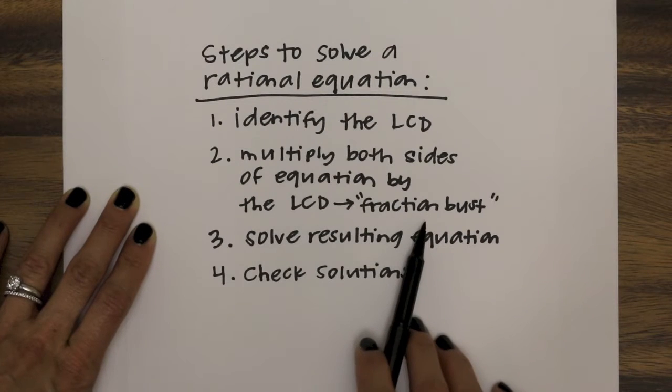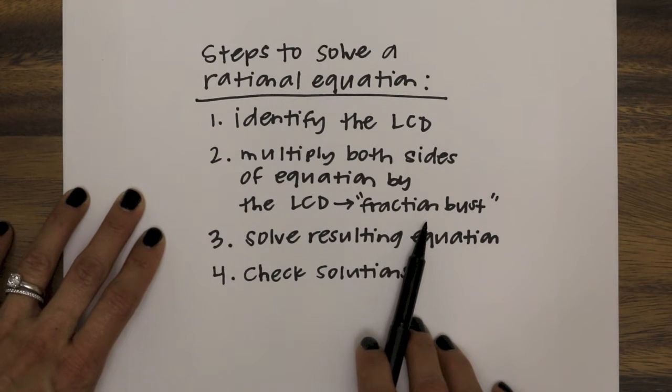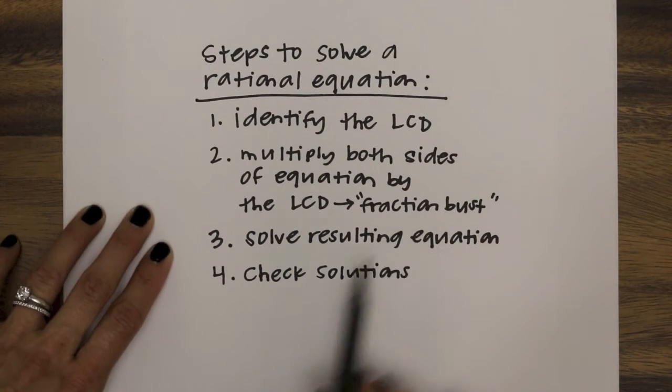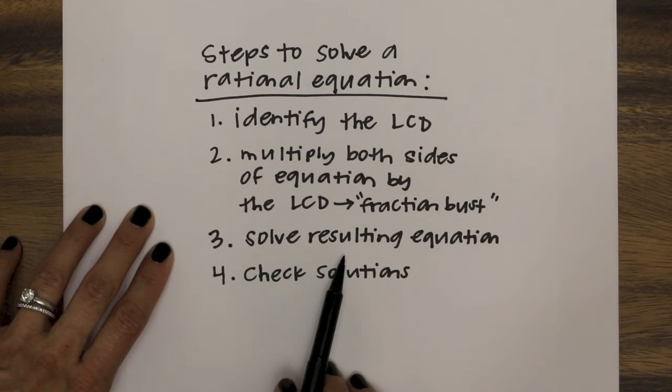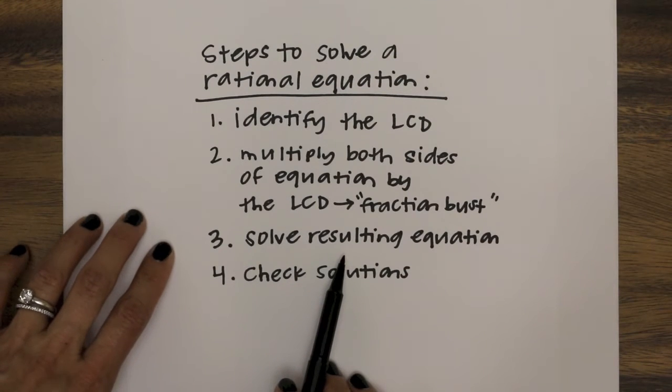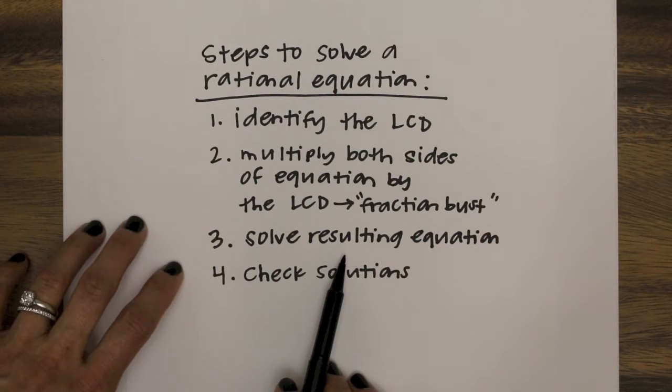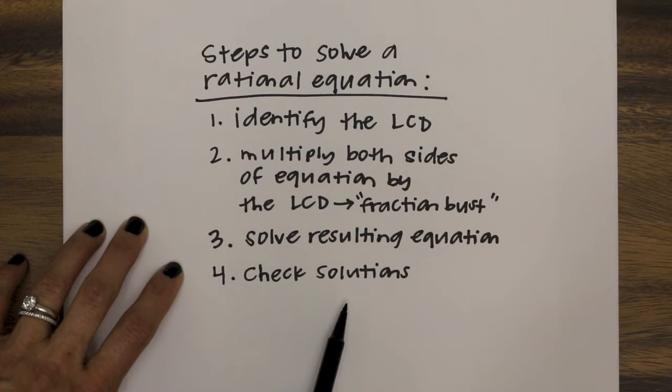If you do this properly, you'll be left with an equation that does not have fractions anymore. Step 3 is then solve the resulting equation. Usually you'll use factoring if possible. And finally, you want to always check your solutions to make sure that the answers that you get don't make the original equation have a 0 in the denominator.